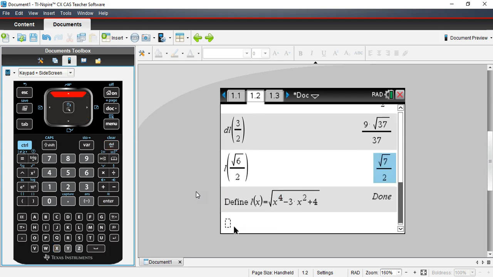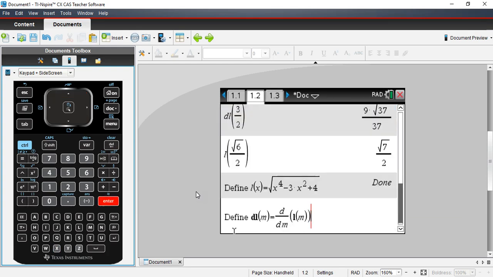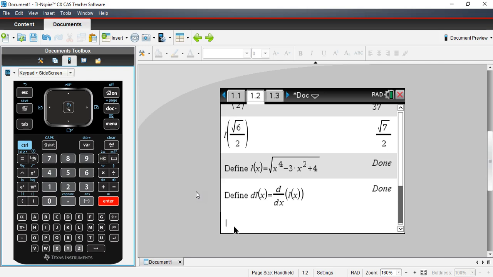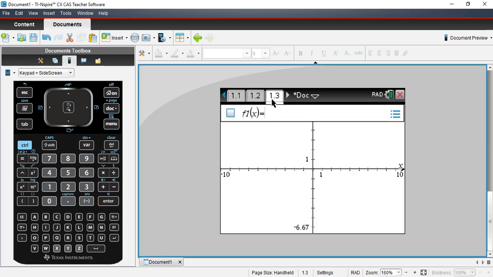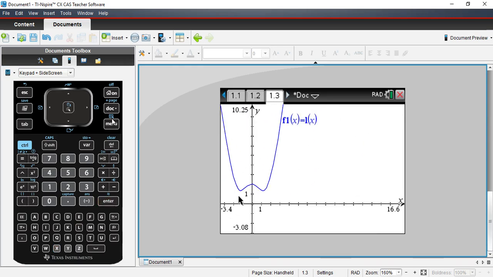Before I forget again, I'm going to fix my derivative just in case I need it, so x. Okay, so we're going to sketch. This doesn't work, so the L of x should work now. So that looks good.